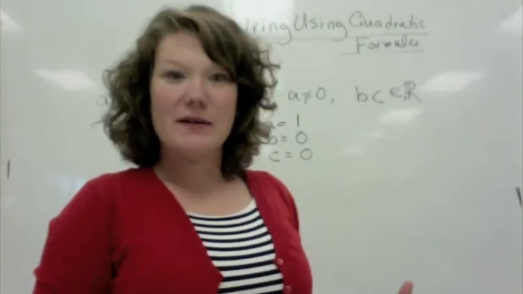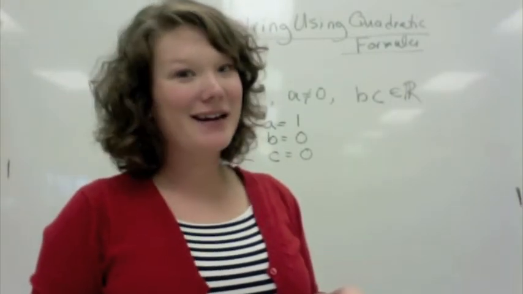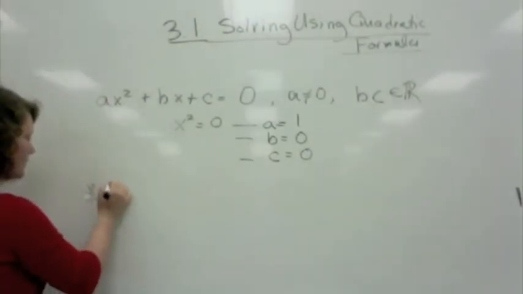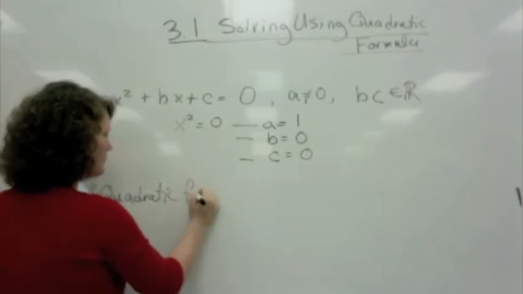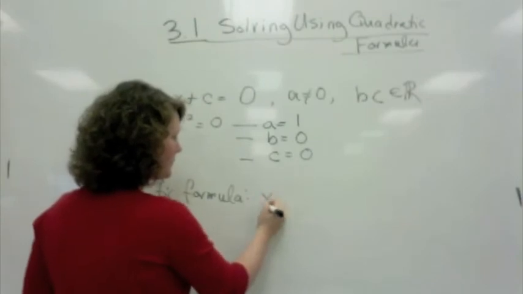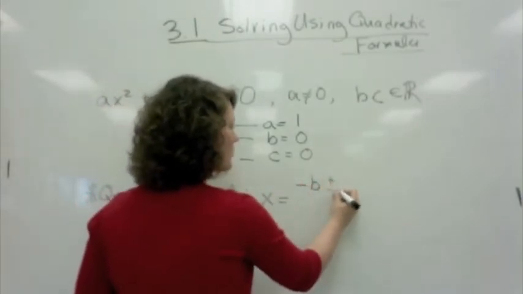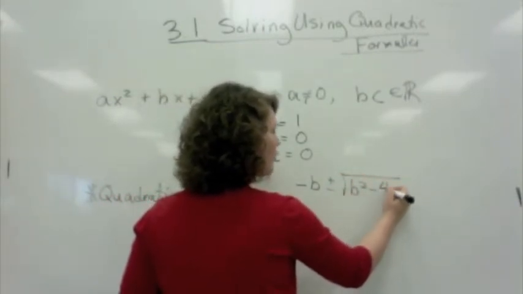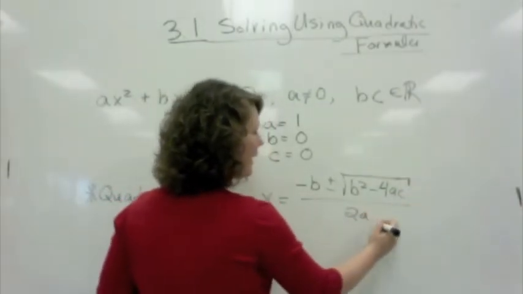We need to use this knowledge of what's a, what's b, and what's c for the quadratic formula, because here it is, folks. The quadratic formula is x equals negative b plus or minus the square root of b squared minus 4ac, all over 2a.